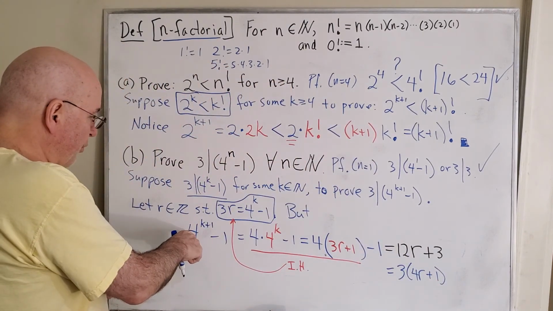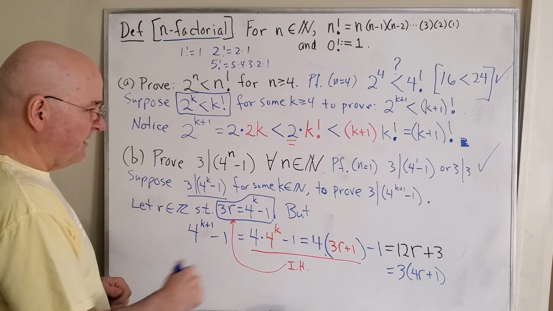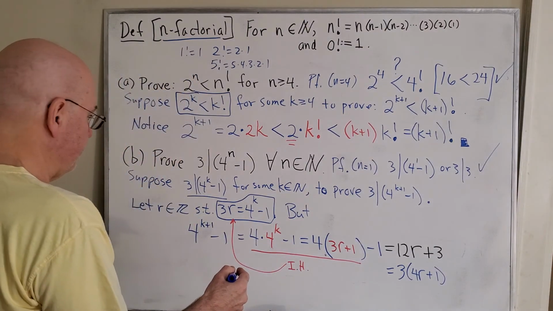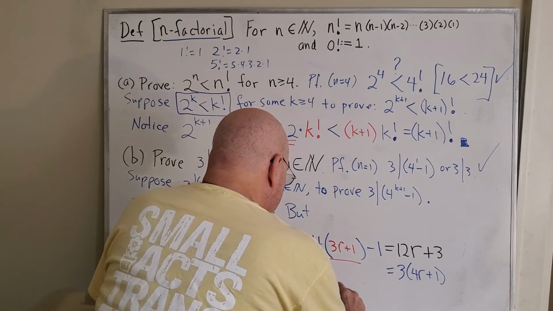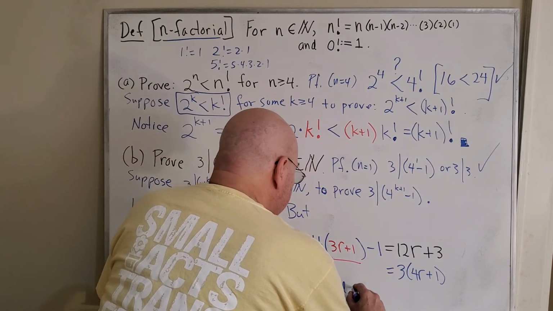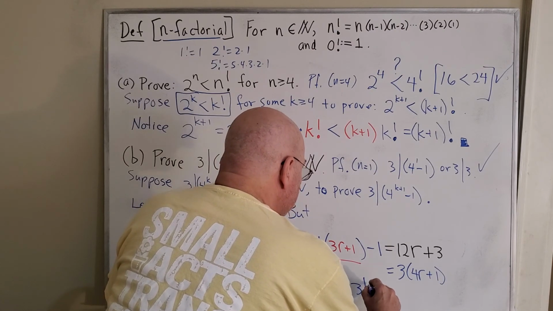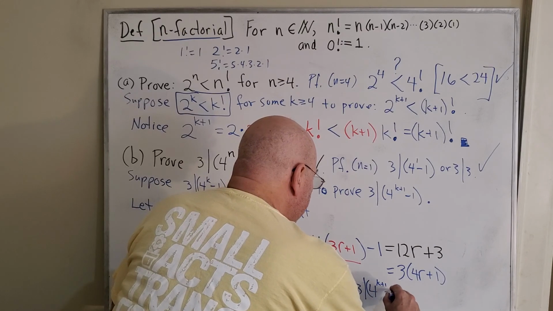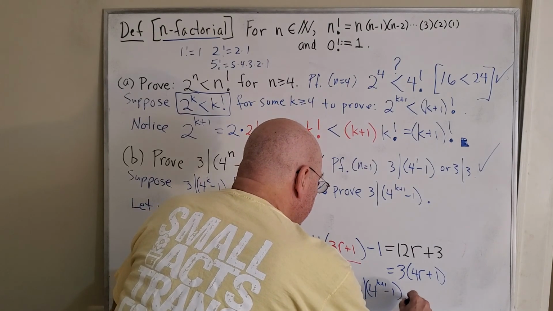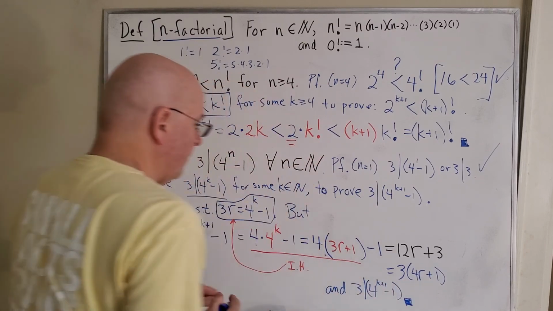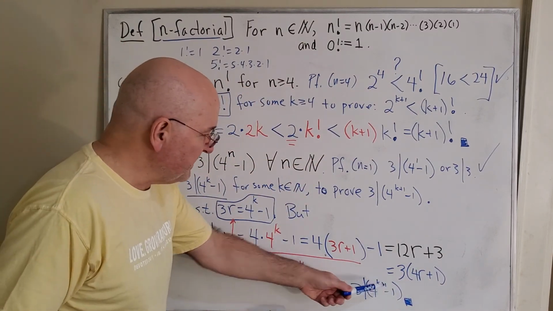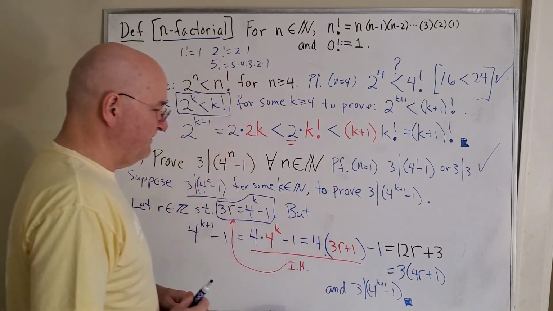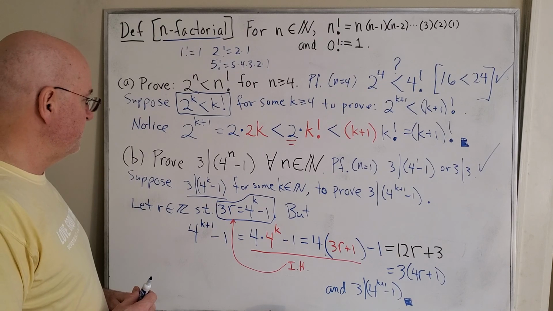We just proved that 4 to the k plus 1 minus 1 is equal to 3 times a number. Maybe if I have room at the bottom, I'll just say, and 3 divides 4 to the k plus 1 minus 1. Once again, that's because 4 to the k plus 1 minus 1 is equal to this. So obviously 3 divides that. And that's the end of the proof.